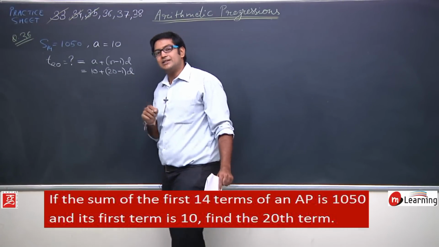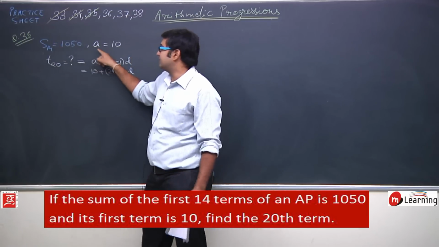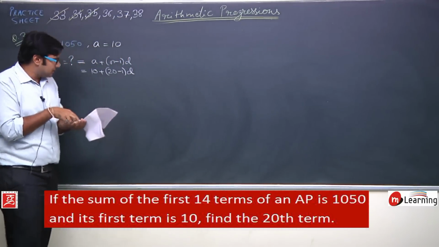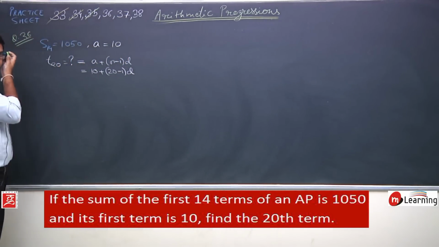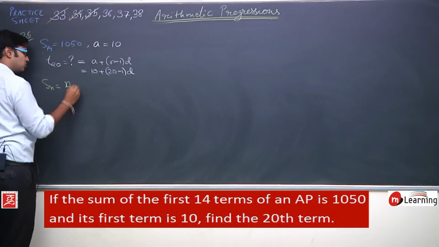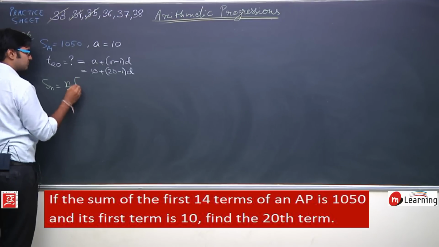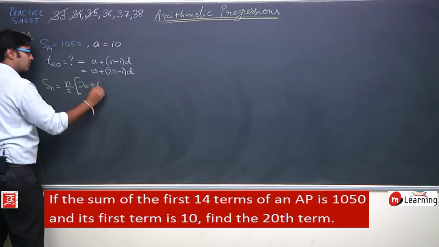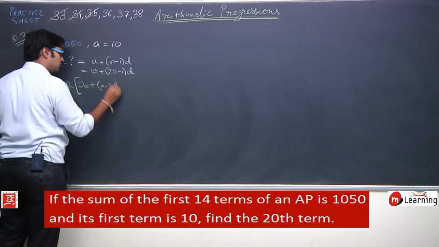So how will I determine this common difference? Using this given data. S14 is given as 1050. The formula for the sum of n terms of an AP is n by 2 into the bracket 2a plus n minus 1 into d.